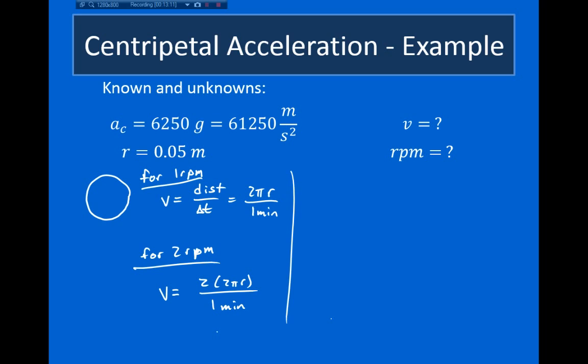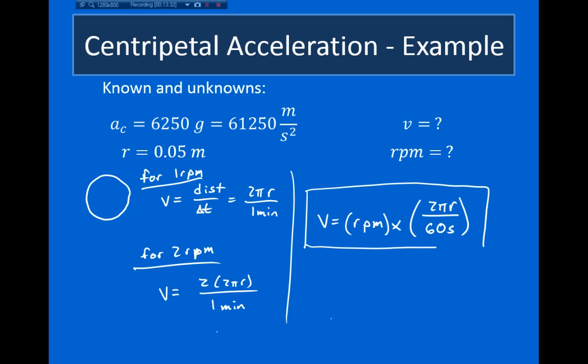So in general, if an object is traveling at some number of RPMs, the velocity is equal to the RPMs that the object is traveling at times 2 pi r divided by 1 minute, or divided by 60 seconds. So this is how I relate the velocity that the object is moving at with its revolutions per minute. It's the number of revolutions per minute times 2 pi r divided by 60 seconds.